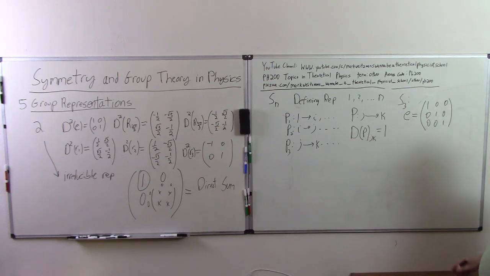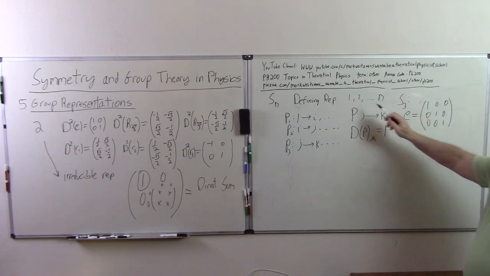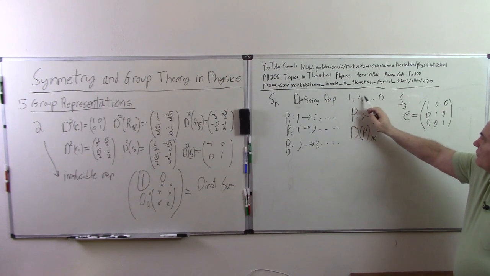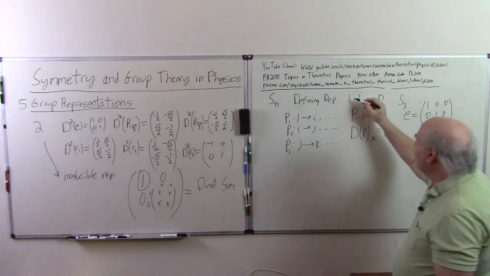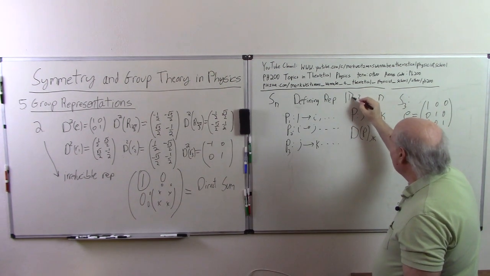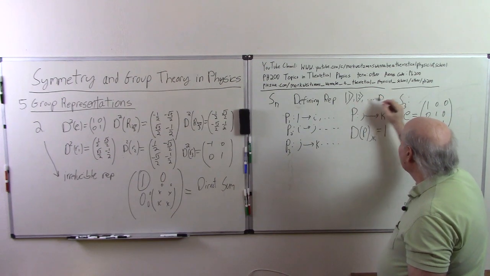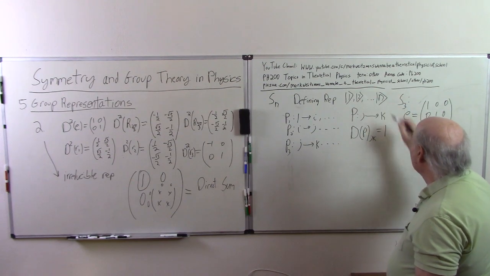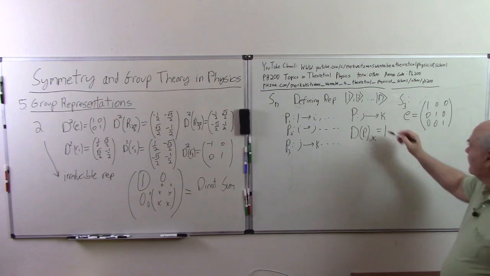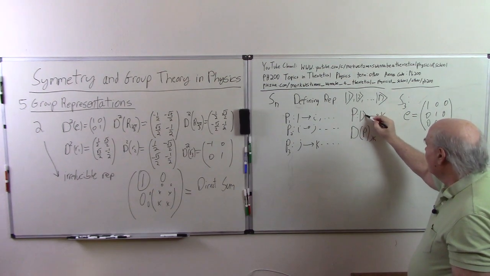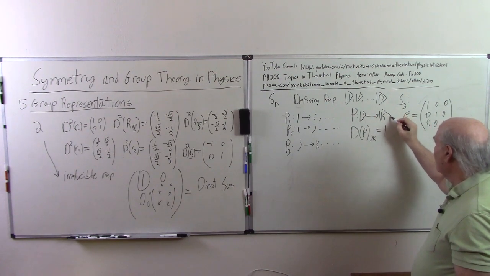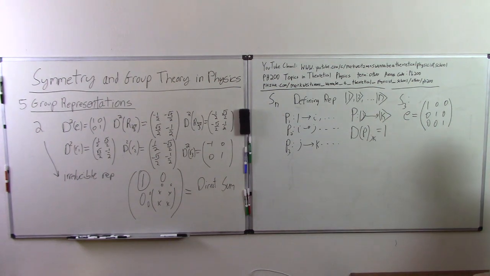What we're doing here is we're using these objects 1 to n as our states, as our vectors that the matrices are operating on. So you could think of this as 1 goes to 1, 2 goes to 2, and 3 goes to 3.